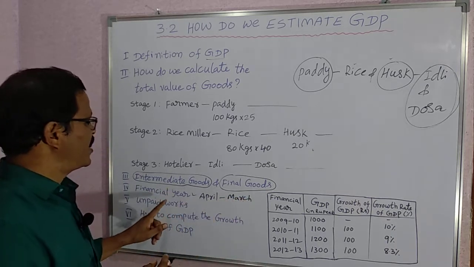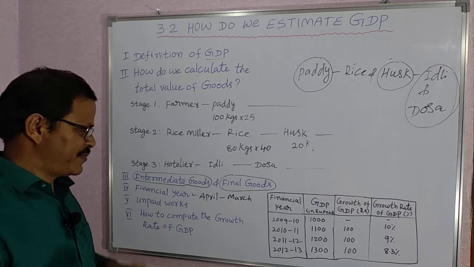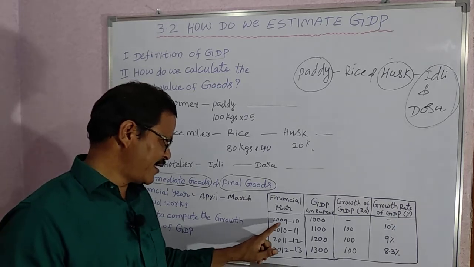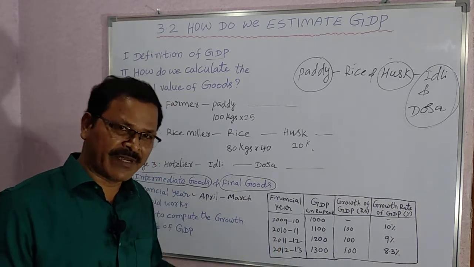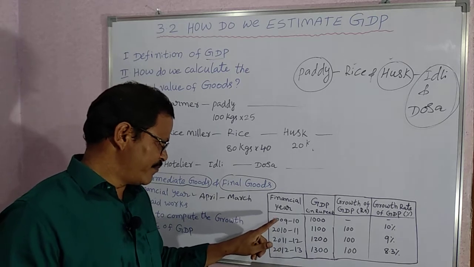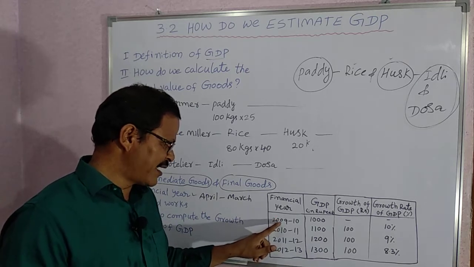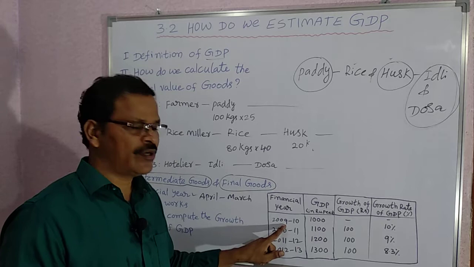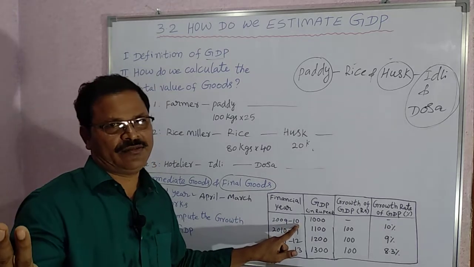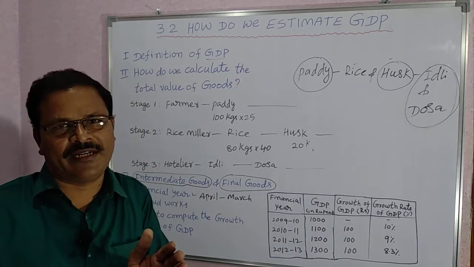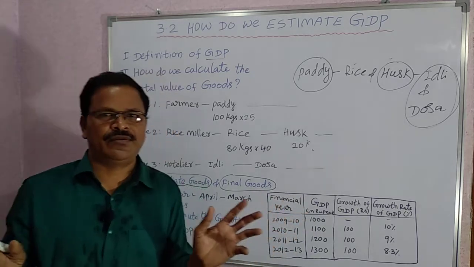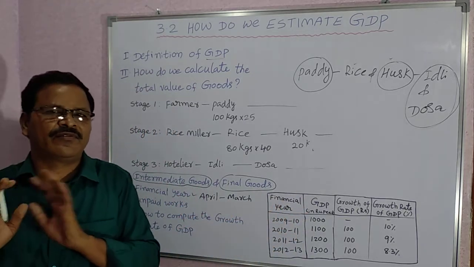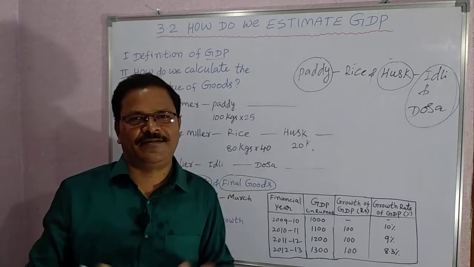For example, 2009-10 financial year means from April 2009 to March 2010. Every economy in the world follows the financial year.